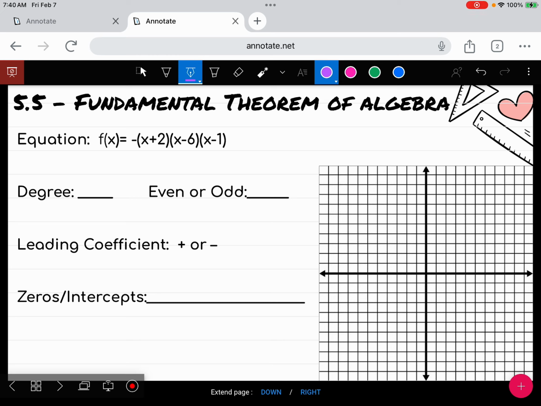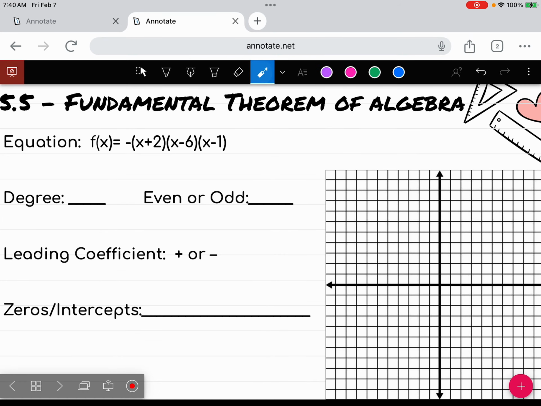How many x's are being multiplied together in this factored form? 3 of them. I have x times x times x. So our degree on this one, if I was to fully multiply this out and get it back in a standard form, I would have taken my x times my x times my x. So we'd have a degree of 3.